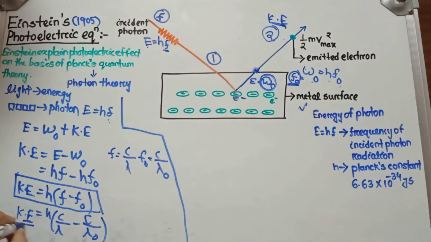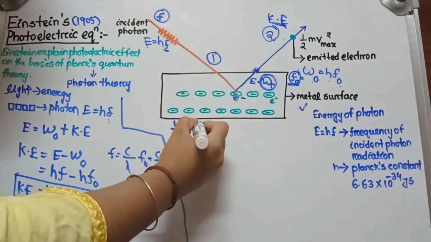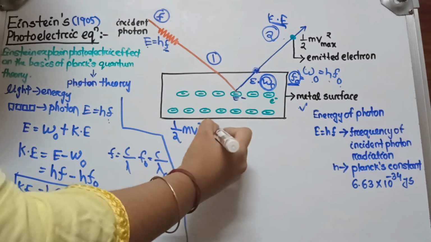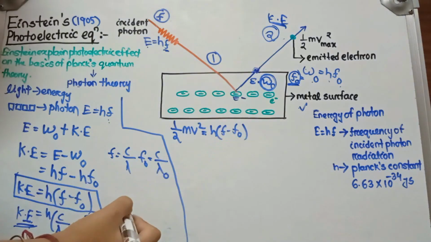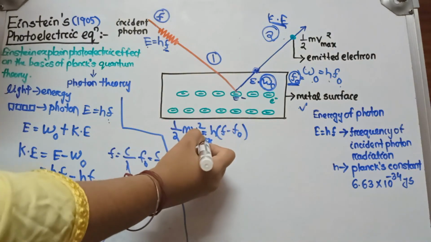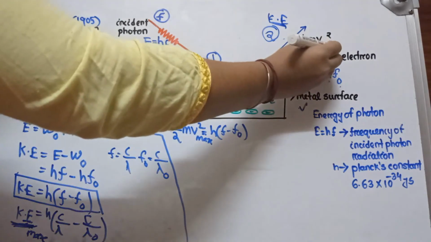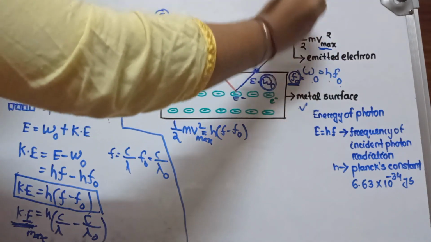We know that kinetic energy equals half mv squared. So half mv squared equals h(f minus f0). When the velocity of the emitted electron is maximum, the kinetic energy of the emitted electron is also maximum.